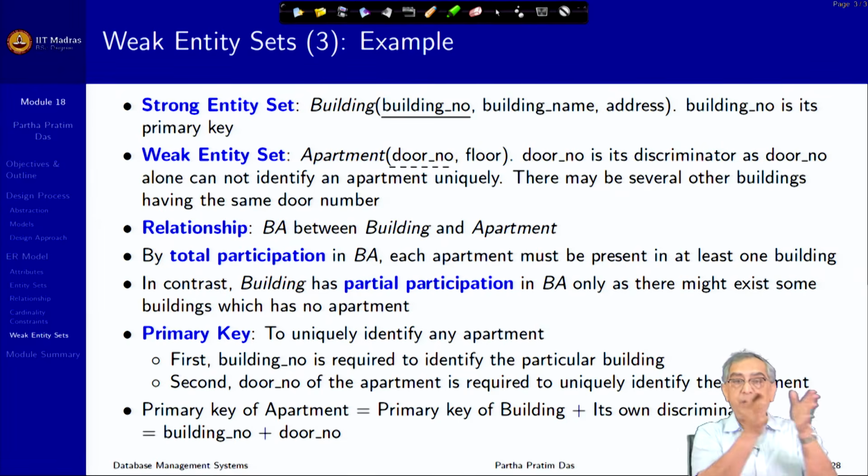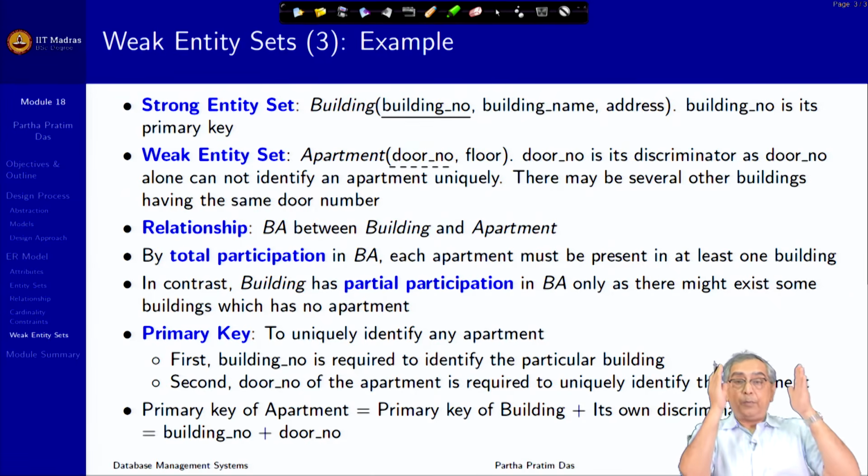So, apartment to building is a total participation, and that is the requirement of a weak entity set, because unless you have total participation, since it is a weak entity set, just the door number cannot identify every apartment uniquely. You need the association of the building to get that unique identity. So, what is that unique identity?